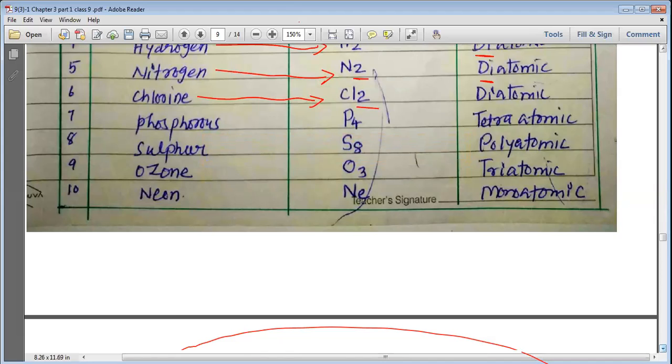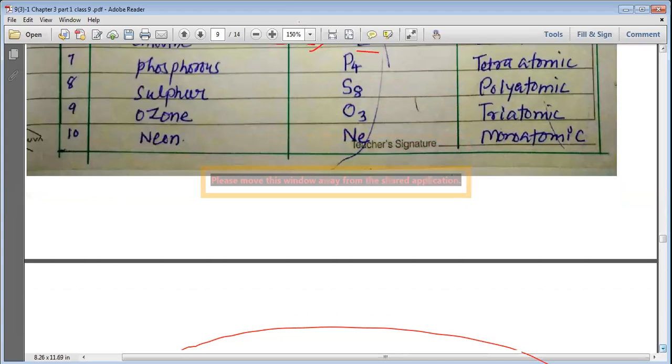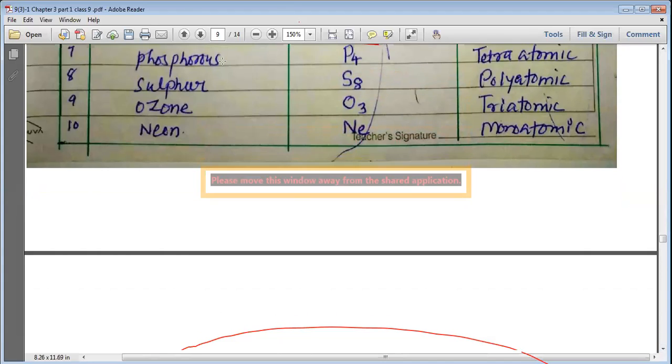Now, my dear students, we want to know about phosphorus. When we look at phosphorus, you can see that the molecule of phosphorus is written as P4. That means one molecule of phosphorus has 4 atoms, and as it has 4 atoms, it is known as tetraatomic.